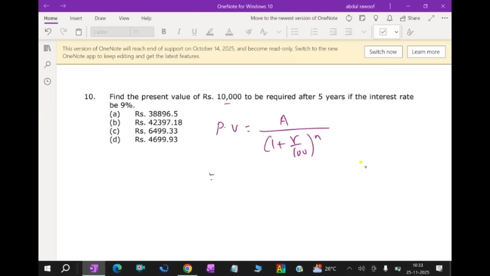Therefore, amount is 10,000 over 1 plus 9 upon 100, that is 0.09, to the power of 5 years: 10,000 over 1.09 power 5.